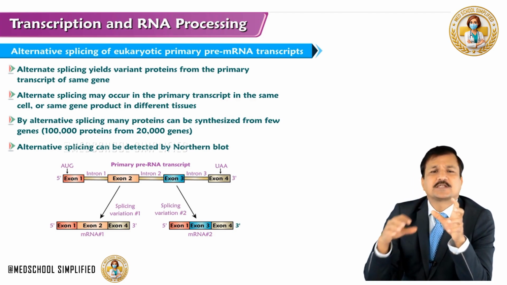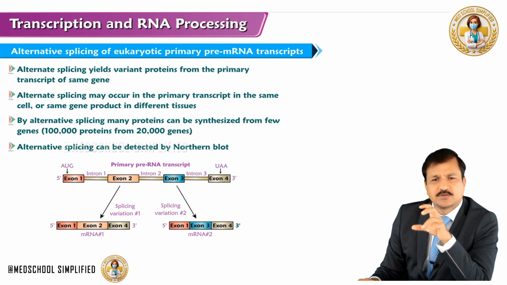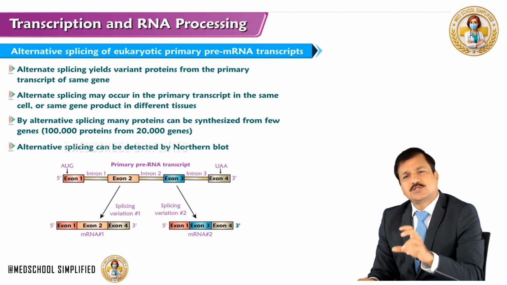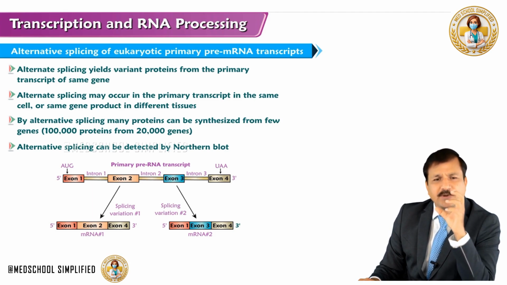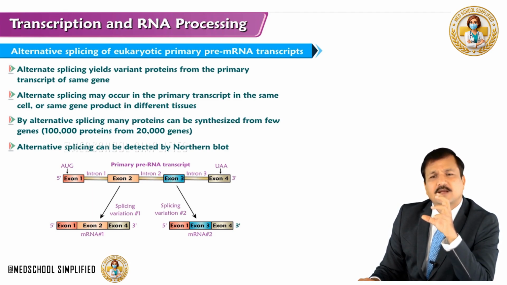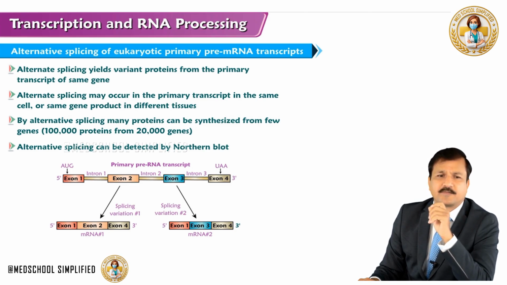So, the primary transcript from a large percentage of genes undergoes alternate splicing. This may occur within the cell, or the primary transcript of a gene may be alternatively spliced in different tissues, giving rise to tissue-specific protein products. By alternate splicing, an organism can make many more different proteins than it has genes to encode for.